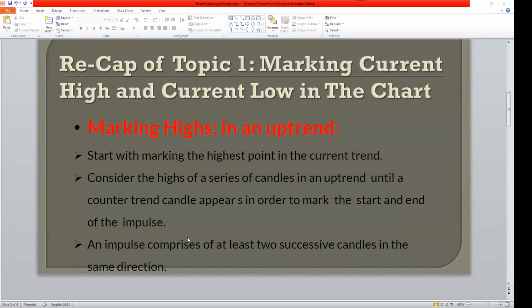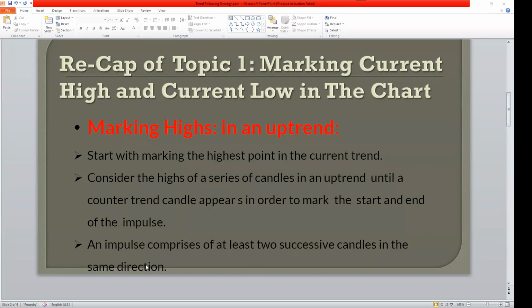You reach a point whereby that pattern was broken, and that is what we refer to as the counter trend. In other words, a candle that is going against that trend, in the opposite direction, breaks that trend and therefore establishes the low where to begin, right?